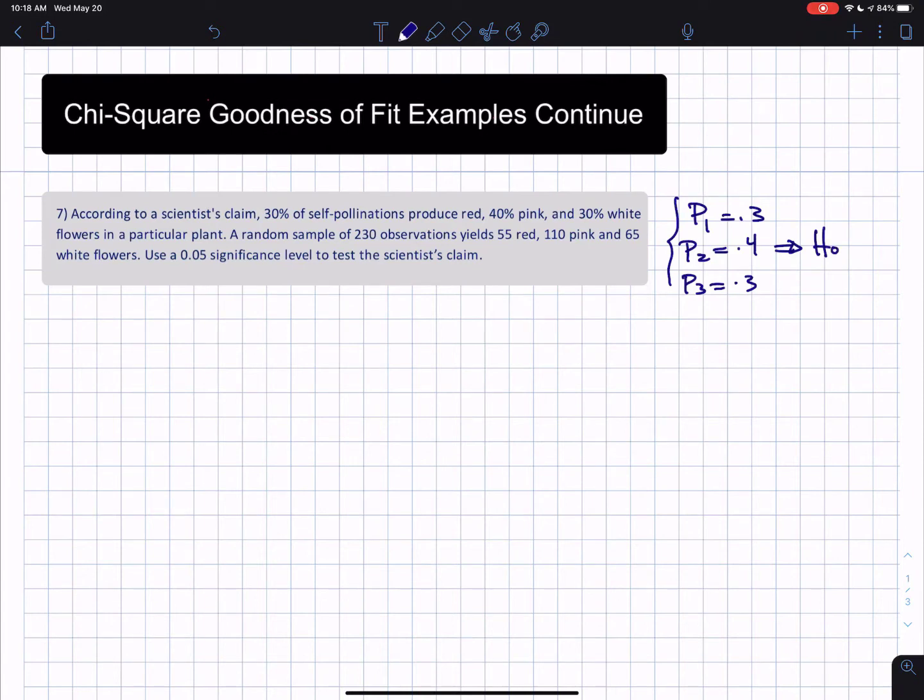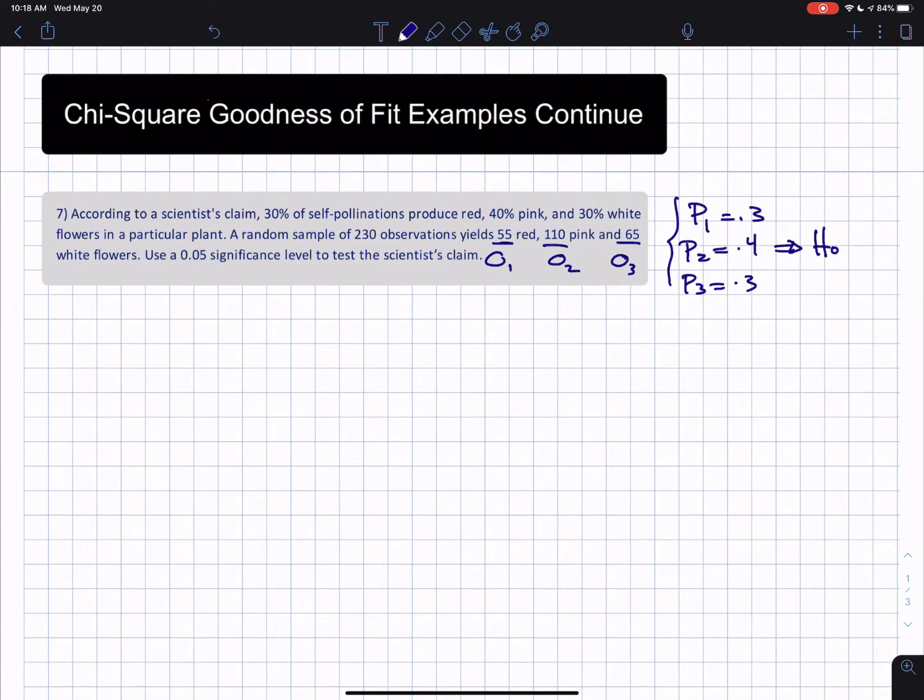There are 230 observations. These are my O's: that's my O1, that's my O2, and that's my O3. And it says to use a 0.05 significance level to test the claim.